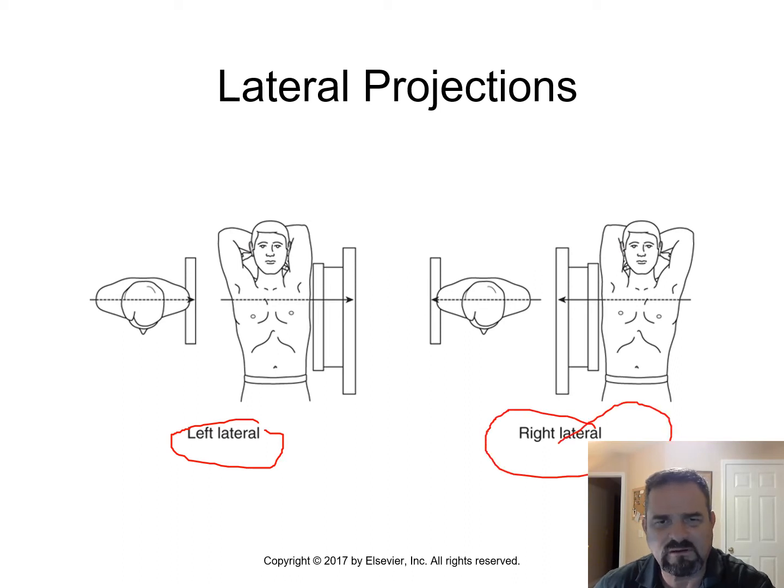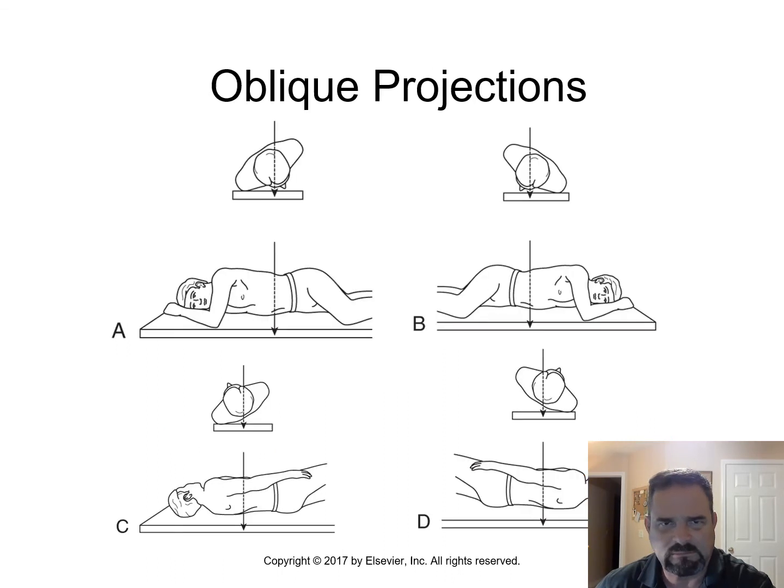Remember, we're always talking about the patient's right and the patient's left, anatomic. And here's your oblique positions, okay? This is an oblique position here, A. Oblique position here, C. Here's an oblique position, B, and also D. Very good, good stuff.